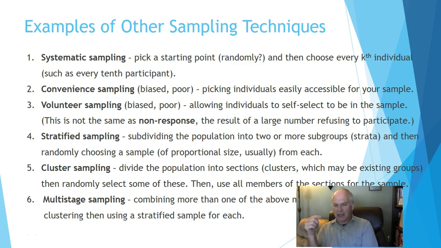Now, stratified sampling is a pretty good way. It's by subdividing the population into 2 or more subgroups, what we call strata, and then randomly choosing a sample of proportional size, usually from each. Okay, so here's an example.